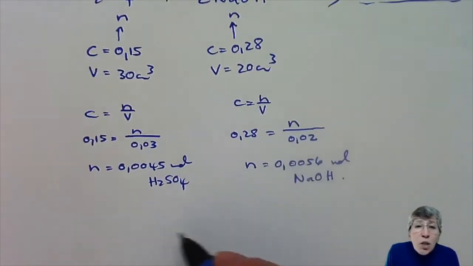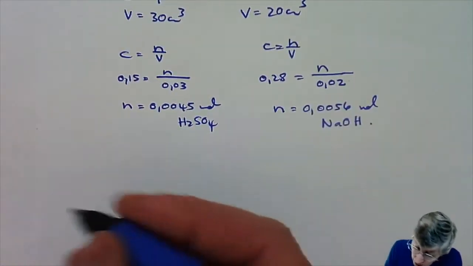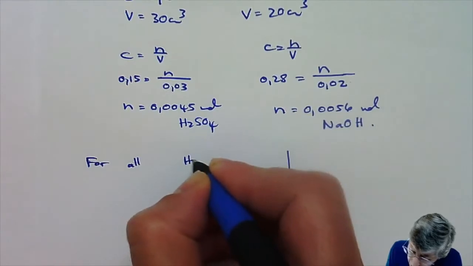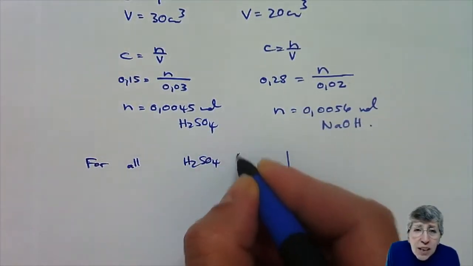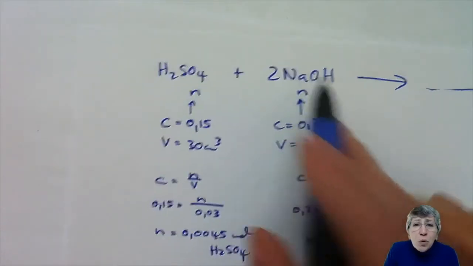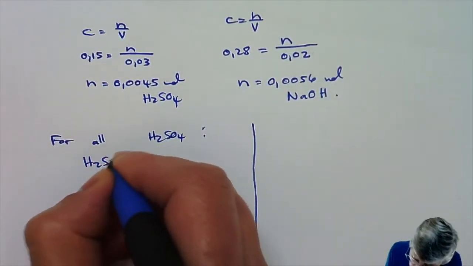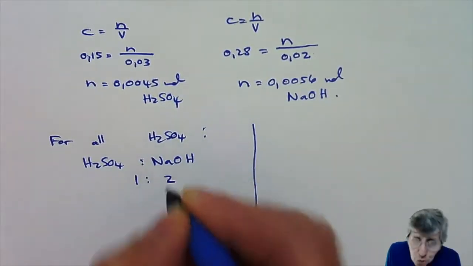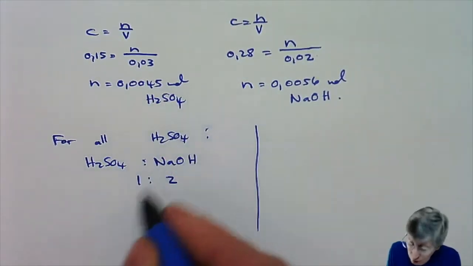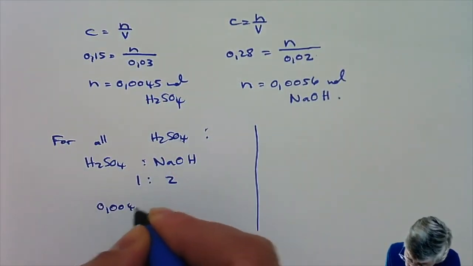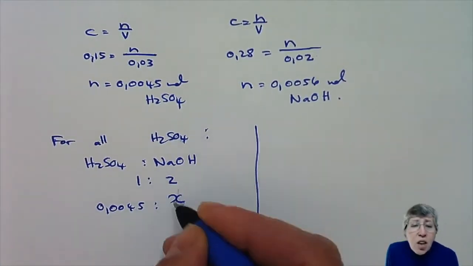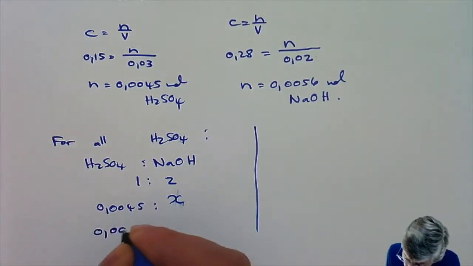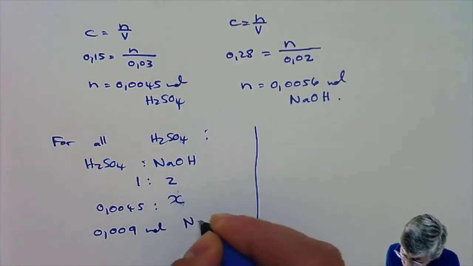And now I want to know which one is in excess. Now I can do it one of two ways. I can say for all the H2SO4, if all the H2SO4 react, I know H2SO4 to NaOH always react in the ratio 1 to 2, right? So if all my H2SO4 react at 0,0045, how much NaOH do I need for all the sulfuric acid to react, and that would have been 0,009 moles of NaOH.